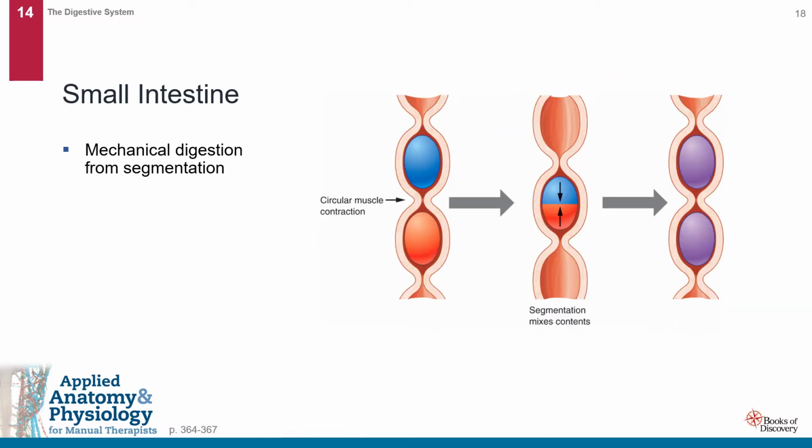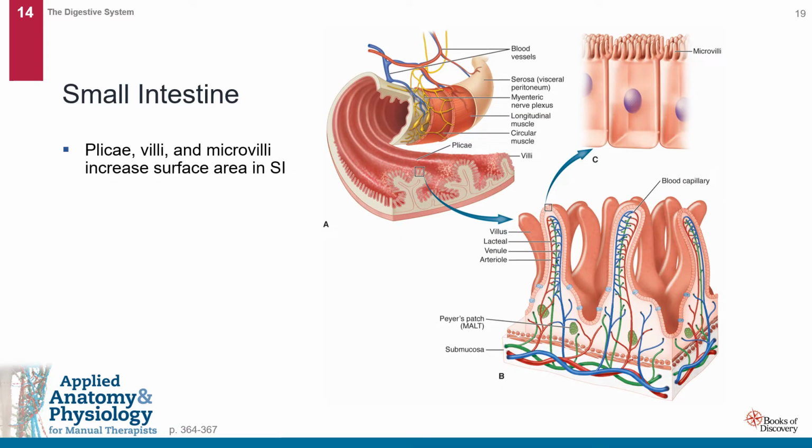And here we see illustrated mechanical digestion from segmentation. The circular layer of the muscularis contracts to create segments that mix the contents of the small intestine. And here we see illustrated the internal anatomy of the small intestine.